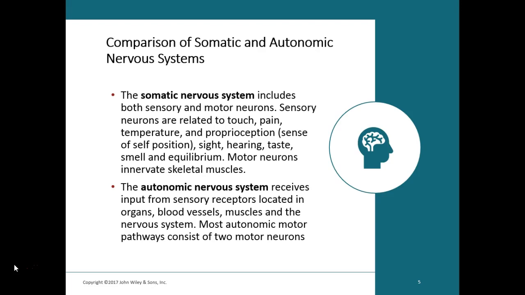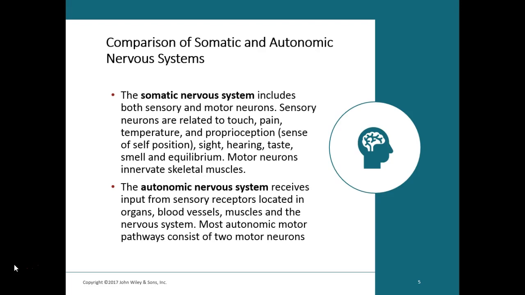So in response to all this sensory information, somatic motor neurons will then cause an appropriate response of the skeletal muscles by contracting. In contrast, the autonomic nervous system is the part of the nervous system that regulates cardiac muscle, smooth muscle, and glands. These glands and the cardiac and smooth muscle are called effectors.